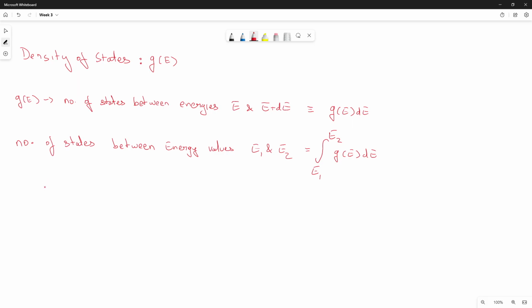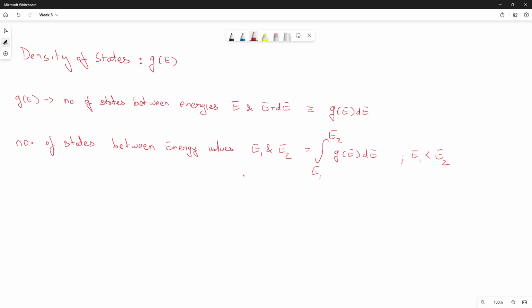So this is how the quantity is defined. Essentially, the density of states tells me that for a given system, how many energy states are available between two energy values E1 and E2. Here it is assumed that energy E1 is less than E2.